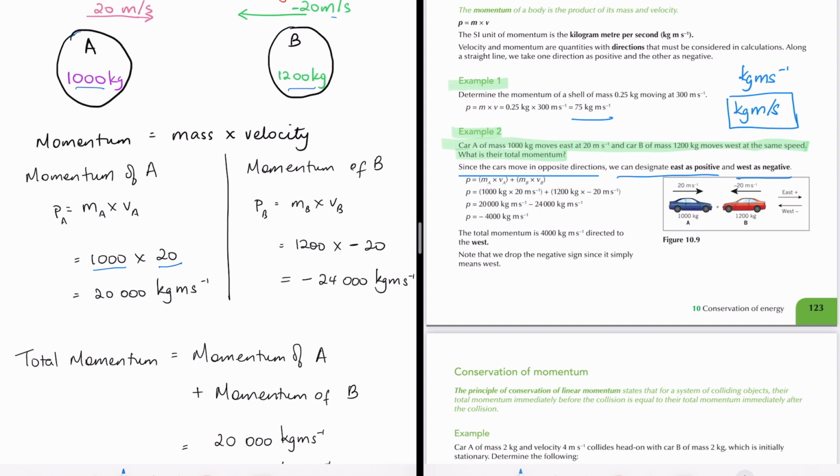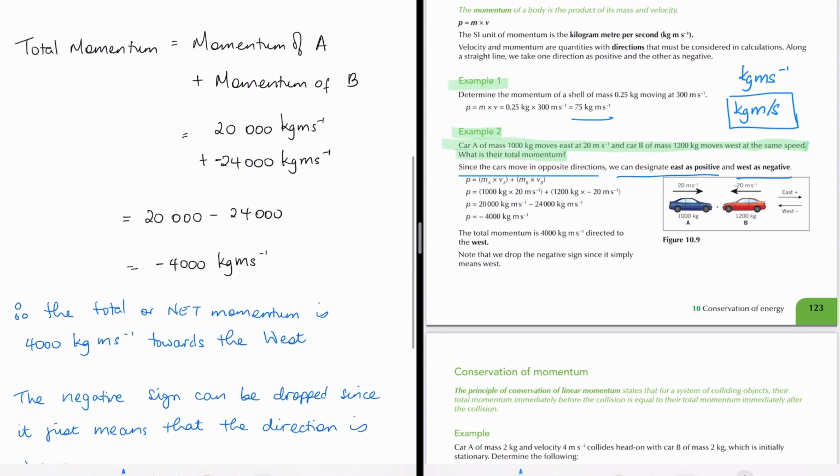Now if we look at the momentum of B, P subscript B, I'll need to multiply the mass of B, which is 1200 kilograms, by the velocity at which vehicle B is moving, which will be minus 20. So 1200 by negative 20 is going to give me negative 24,000 kilograms meters per second.